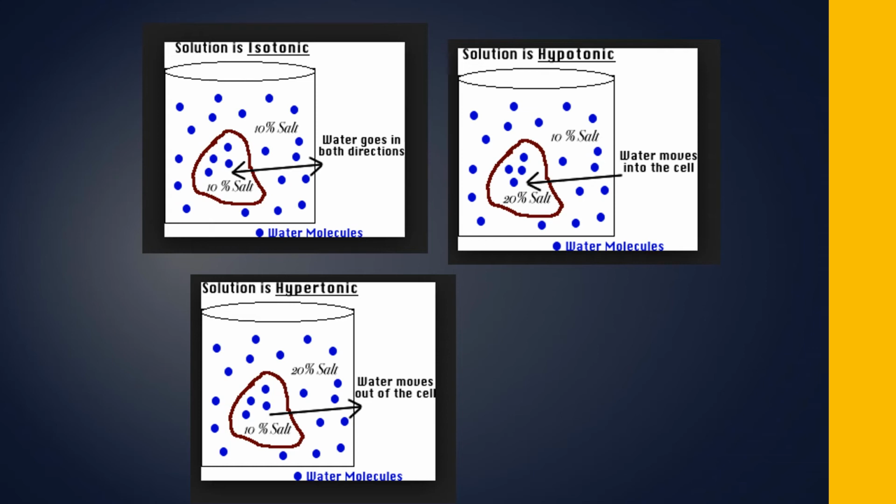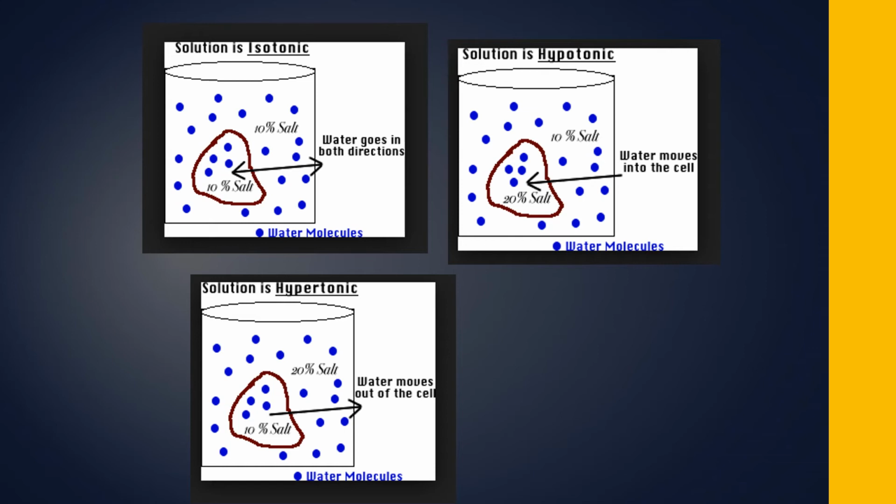In the environment, we have a 10% solution of salt, while within the cell it has 20% salt. So how does the water move? The water moves into the cell, because there is a greater amount of water outside in the environment.